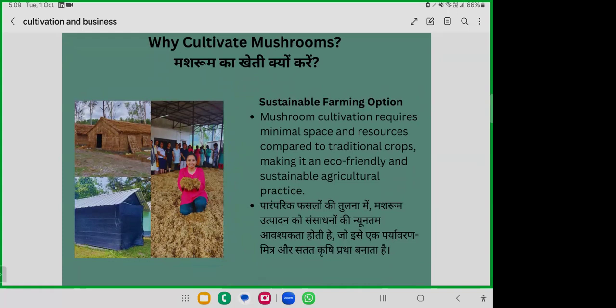Apart from temperature, this is an indoor cultivation. So a structure like the one I have shown in this photograph is required, or you can use your empty houses or empty rooms if you don't have one. You can build a new structure like this, or you can use panels for the mushroom infrastructure.